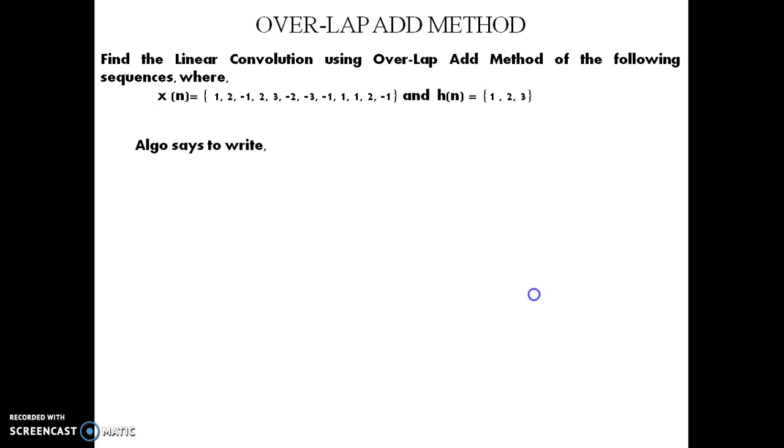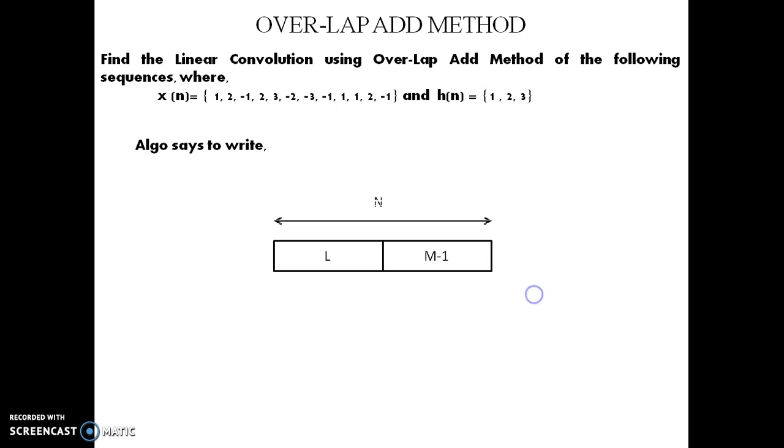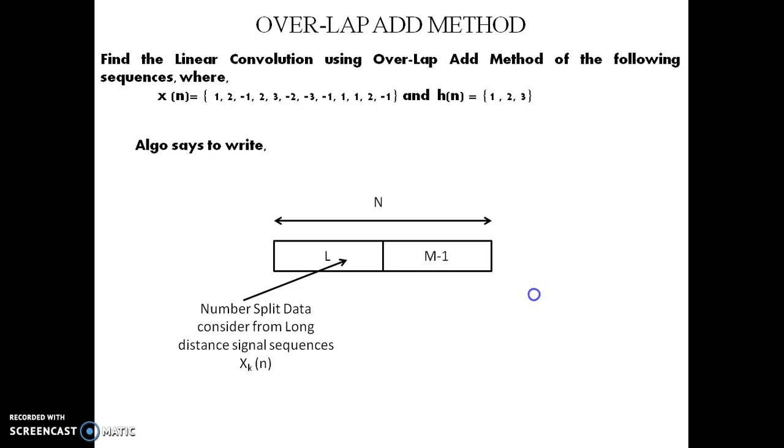What about the algorithm? I already discussed this part. If we consider the total length N, inside the N we are considering two separate blocks, that is L and M minus 1. L is the number of split data taken from the long duration signal sequence x[n], so the length of L is 2, and M minus 1 is the appended padding of zeros.